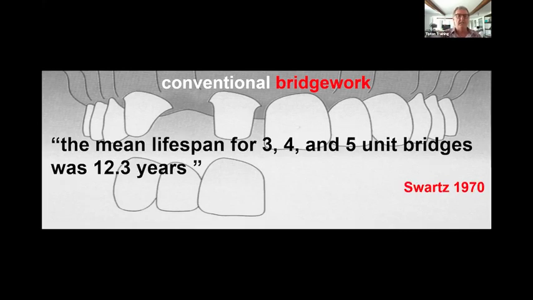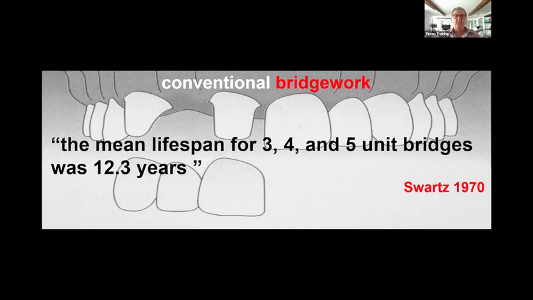Another study, mean lifespan for 3, 4, and 5 unit bridges, 12 years. Very, very difficult. And this is one of the problems we have in the literature, it's very difficult to do studies on bridge design where they are all replacing the same teeth. So most of our bridge design studies lump lots of different bridges together.